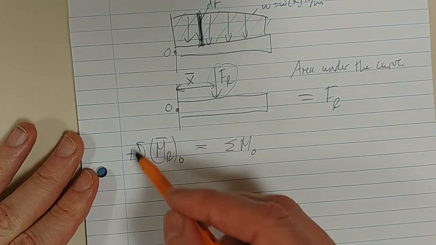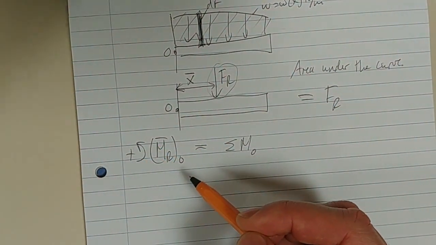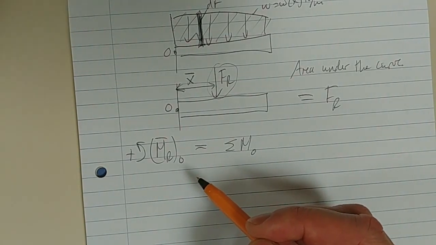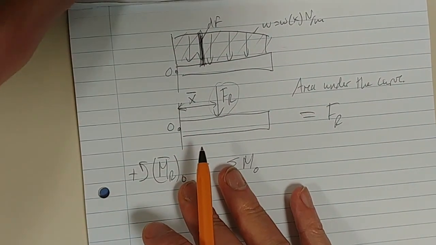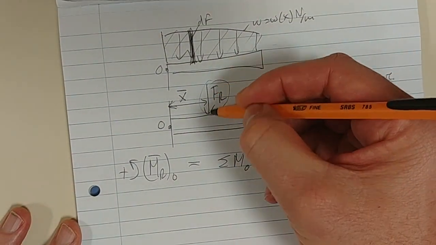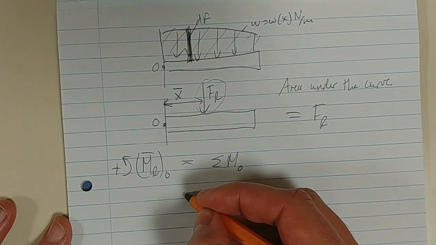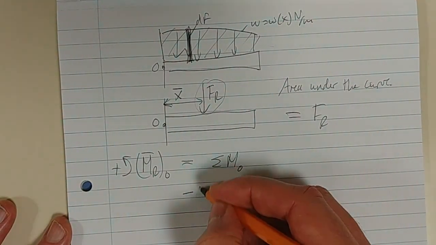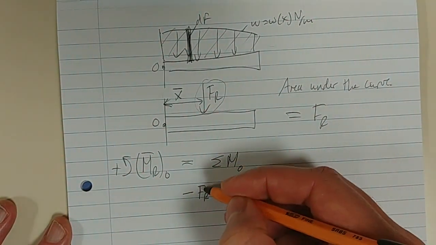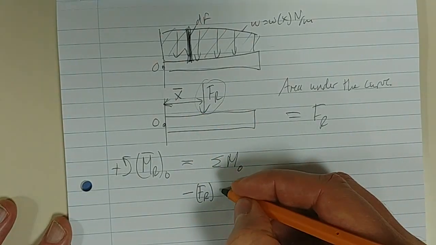So what do we have here on the left? Let me just get back to the correct chapter, 4.9, so that I can work from that. Okay. So the moment of this force about point O, we know it's going to be minus FR times X bar.